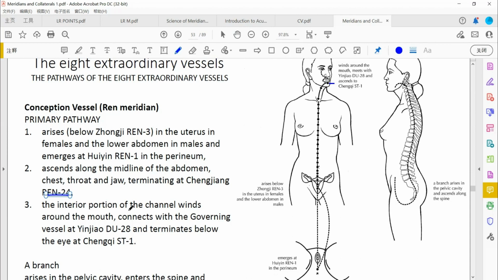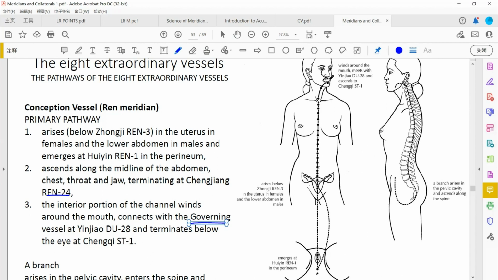And the interior portion of the channel goes around the mouth. From here they are the last points, but there's still an interior branch that goes around the mouth and connects with the GV. GV is still on the midline, but on the back.